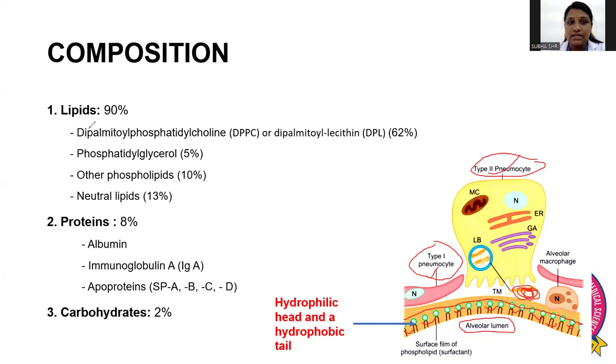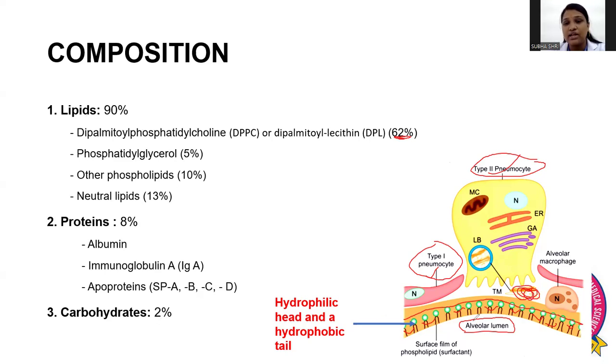Then we have phosphatidyl glycerol, other phospholipids and neutral lipids, which contribute very little. The remaining 8% of surfactant is proteins like albumin, IgA, and apoproteins, and 2% is carbohydrates. So surfactants are mainly made up of lipids.